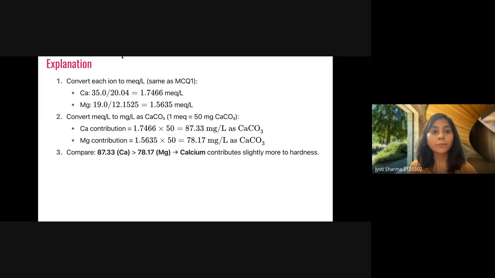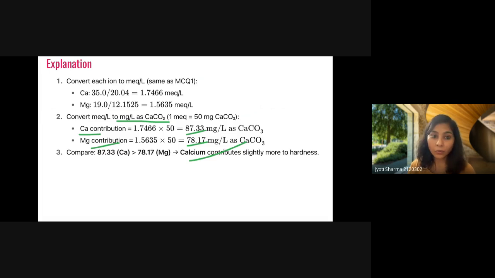Okay, just see here. If we are converting into mg per liter as CaCO3, then for calcium this is 87, for magnesium it is 78. So calcium is contributing more to the hardness.